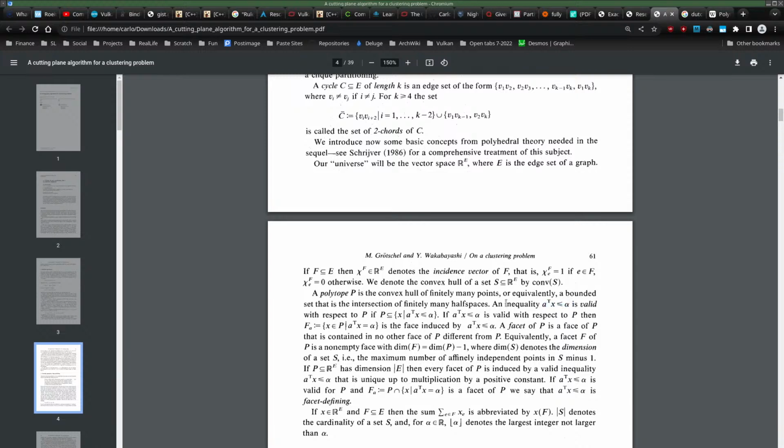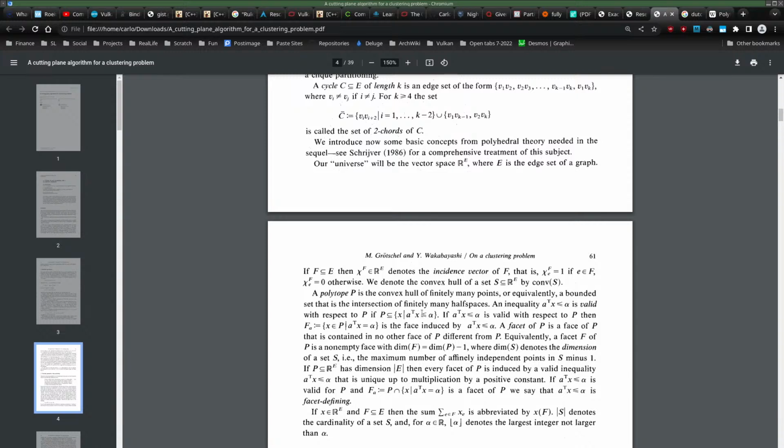Then it says the inequality, something that defines a half space, is valid with respect to P. And P stands for polytope, so that's still a convex polytope, if P falls within that half space.